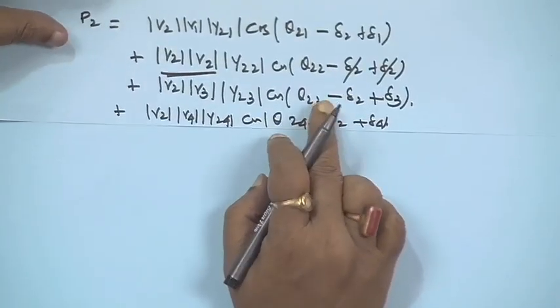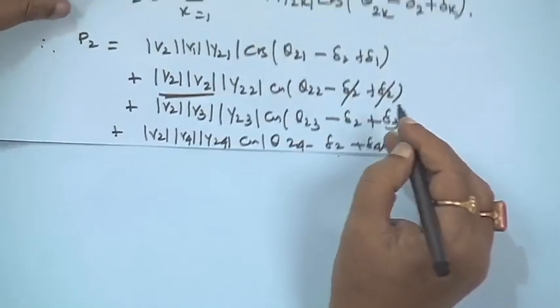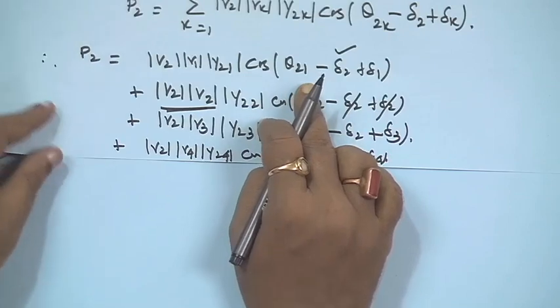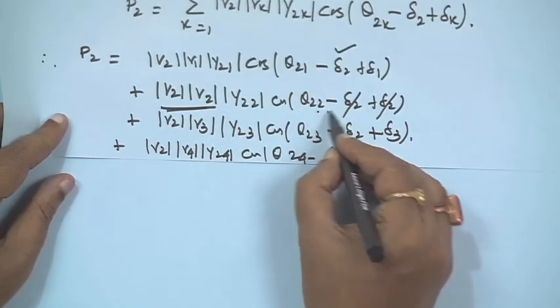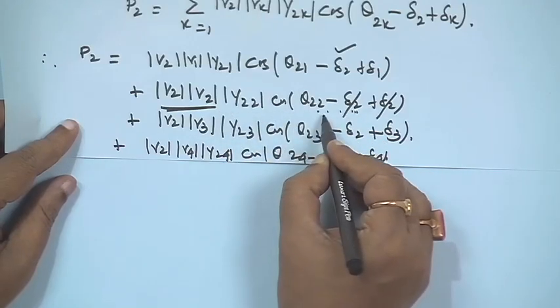We take the derivative of this equation with respect to delta 2. If you take the derivative with respect to delta 2, you will find delta 2 is here, so the derivative exists. Similarly, the second term, V 2 square cosine theta 22, is independent of it.